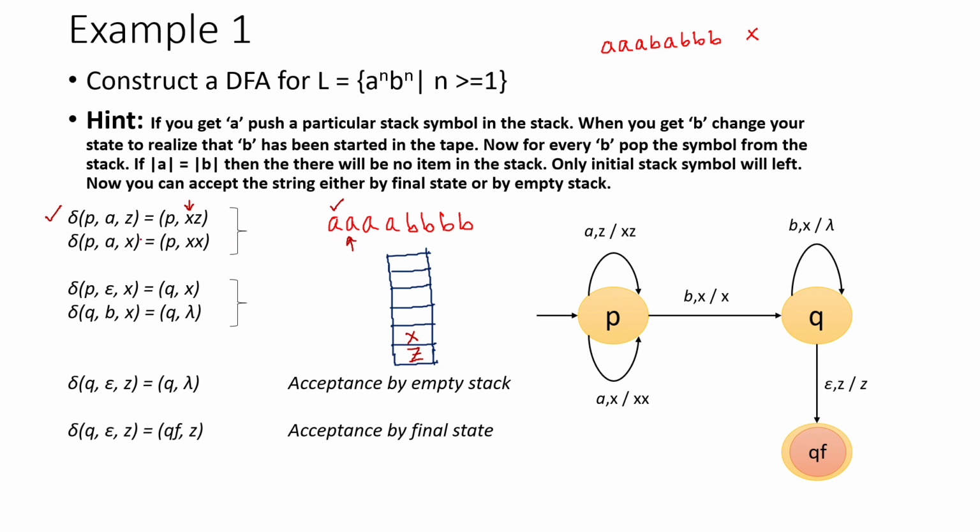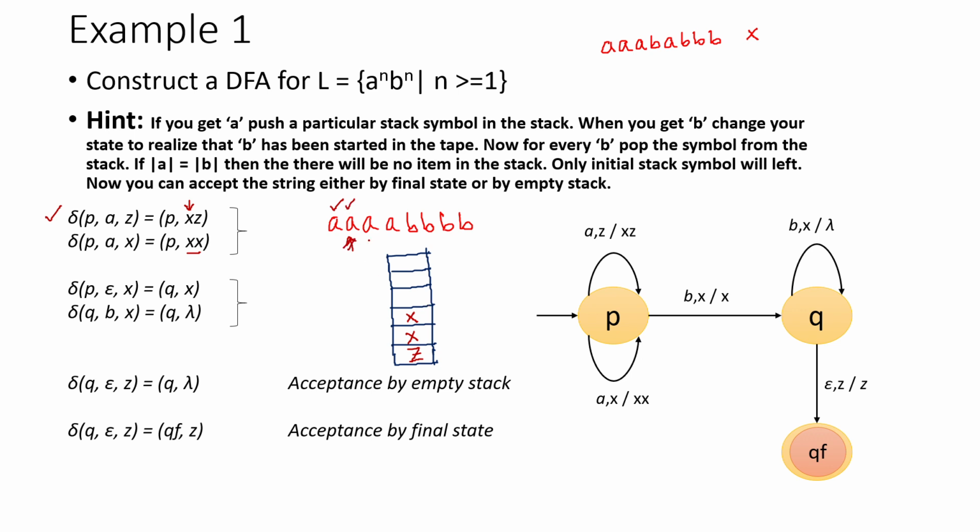You are keeping the same state, but you are just pushing a stack symbol over Z. That's why if you are in P and you get A, and you see an X, you will keep on putting X again, right? That's why I have written XX. It means I already have an X and I am pushing one more X over this. It's another X, right? So this is done.